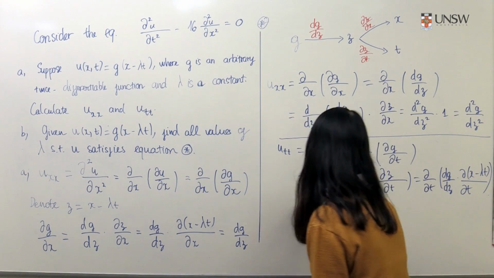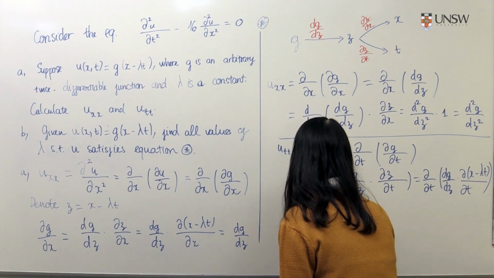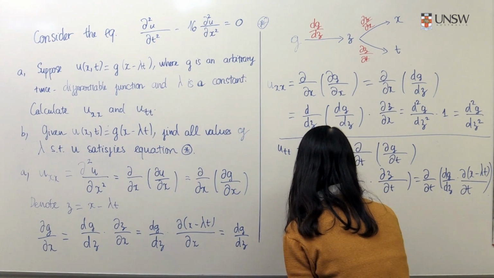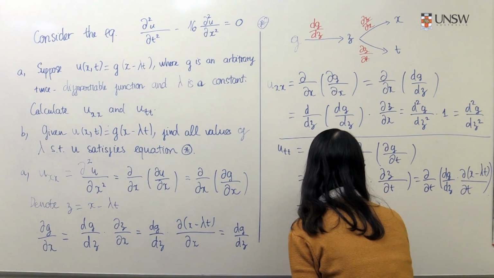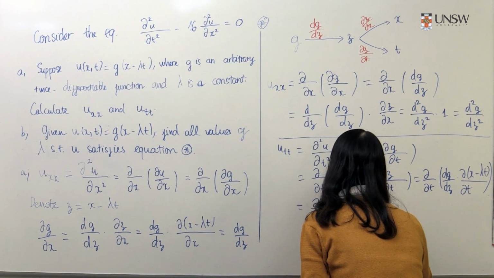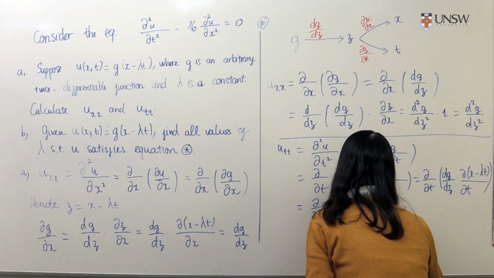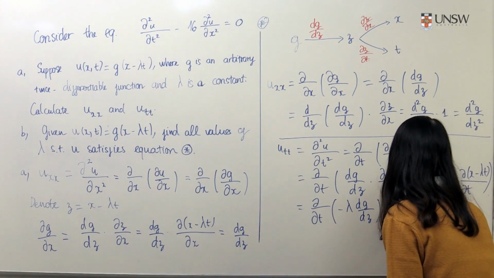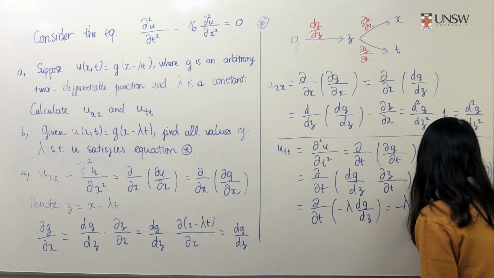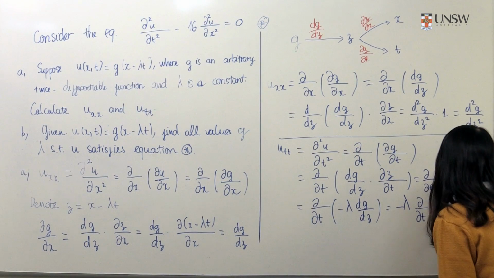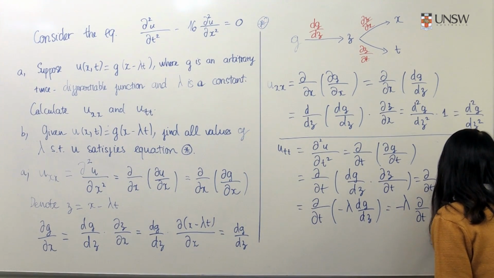So this one would be equal to minus lambda dg over dz. And because lambda is a constant, you can put that outside. So it's minus lambda d over dt of dg over dz.